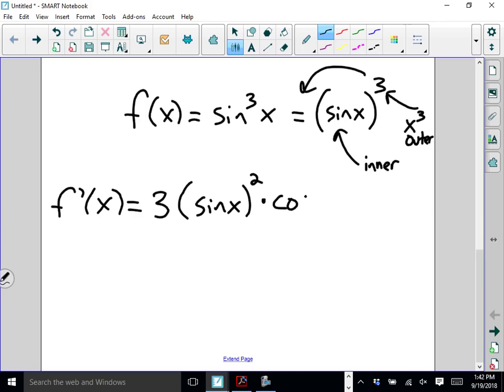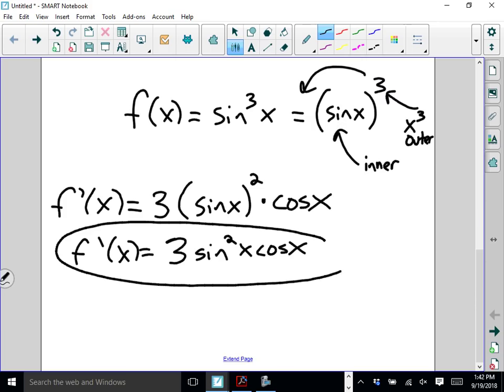A lot of students forget to tack on the inner function derivative, so don't forget to do that. Simplifying this, I get 3 sine squared x cos x.